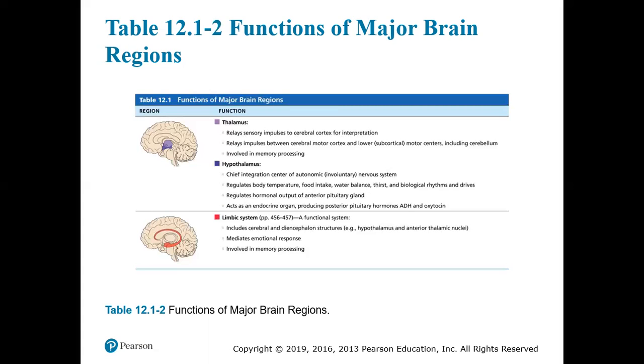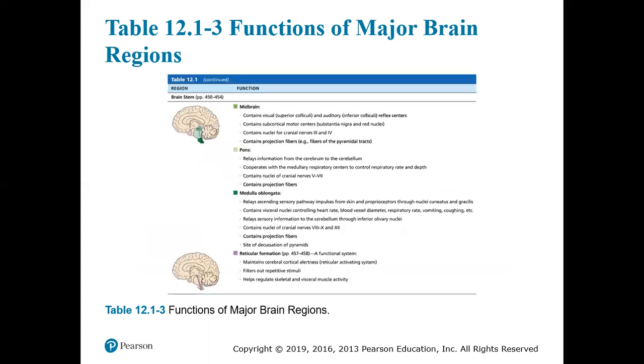And then the limbic system, as we just went through. This will include the cerebral and diencephalon structures, including the hypothalamus and the anterior thalamic nuclei. It will mediate emotional responses and is involved in memory. The midbrain, remember, contains visual and auditory reflex centers.